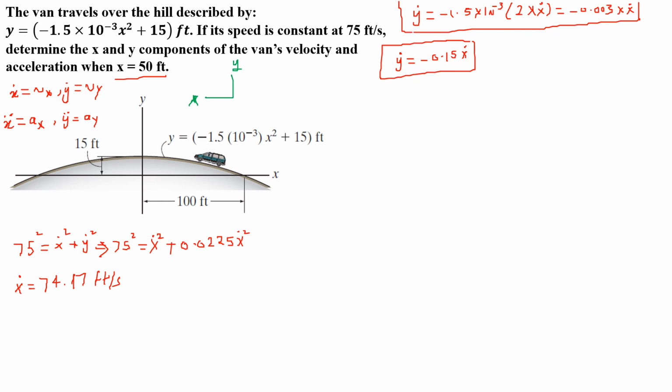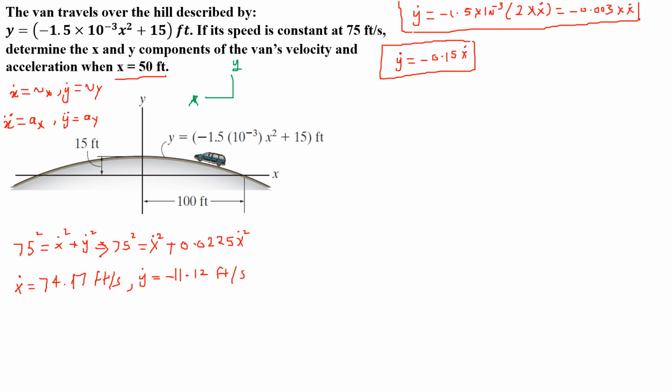So that's x dot, and here now we can find y dot. I found that to be negative 11.12 feet per second. So these are the x and y components for the velocity.